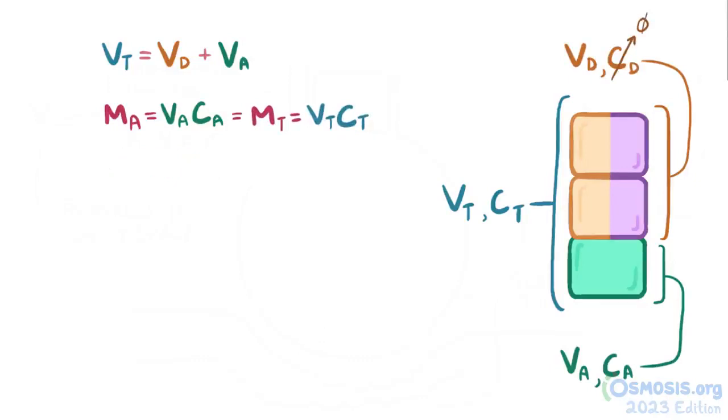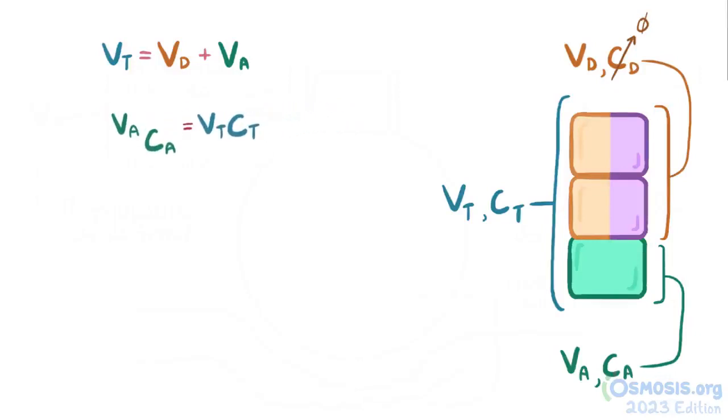So we have Ma is equal to Mt, or concentration of alveoli times volume of alveoli is equal to the concentration in the tidal volume times the tidal volume. With a little rearranging, we have Va equals Ct over Ca, all times Vt.